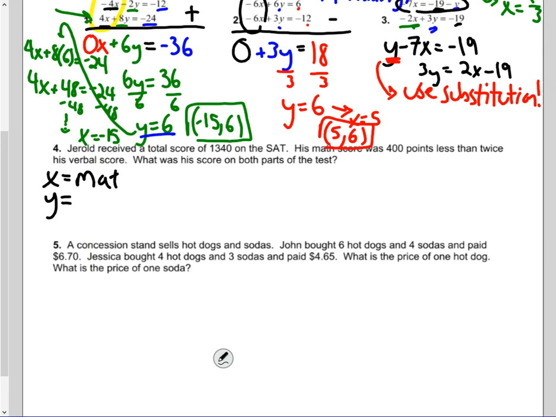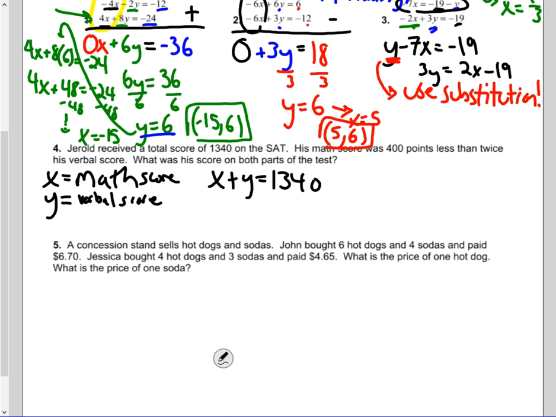So I'm going to define my variables as x will be his math score, y will be his verbal score, and let's write the equations given these definitions now. We know that x plus y must equal 1340, because both of these compose that total score.